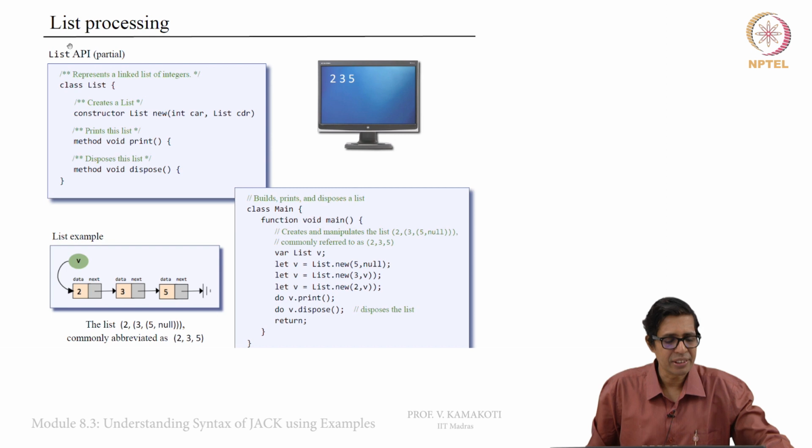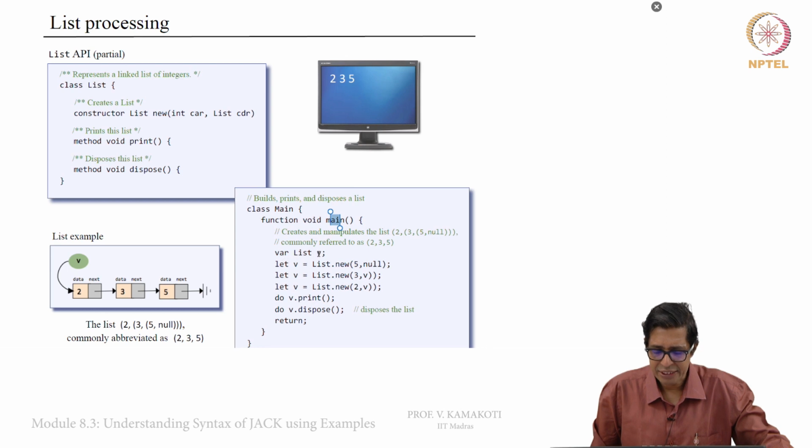So how do you define it? This is again the API for this list. We can construct a new list which has an initial element and the next element would be null. We can print a list, we can dispose a list. Okay. So these are all the APIs. So how do you use main? Main is again a class main with the component main.